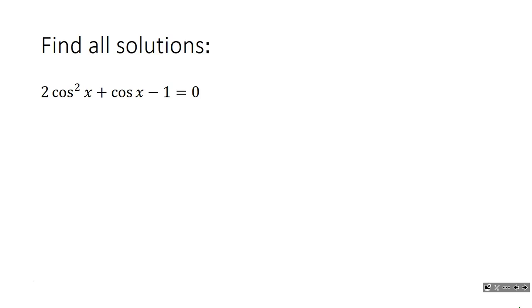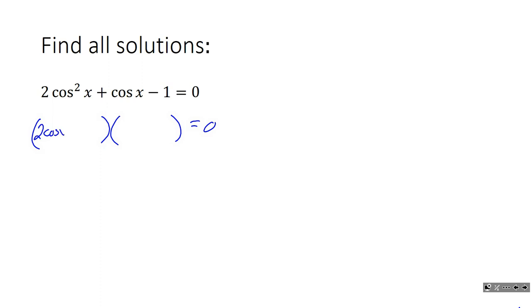Let's have a look at another one, and this time I'll be general and I'll say let's find all solutions. We have an equation in cosine, and notice that drawing on your past algebraic experience, this looks a little bit like a trinomial, and let's try factoring it as if it were a trinomial. Now, to get the first term, 2 cosine squared of x, you would need to have a 2 on one of those.